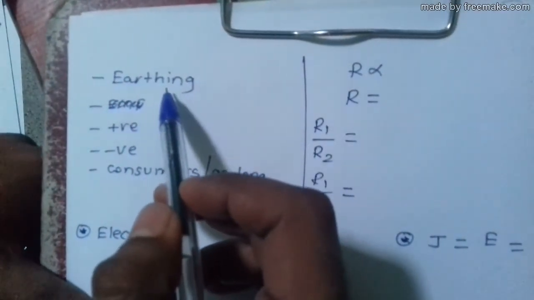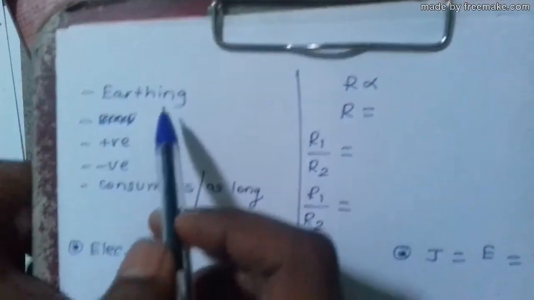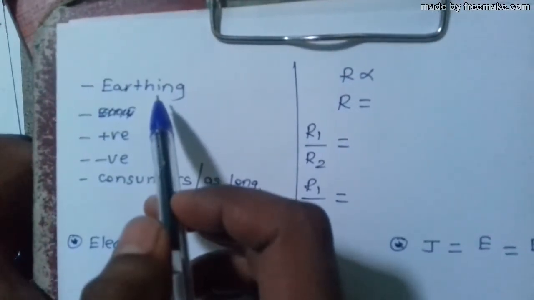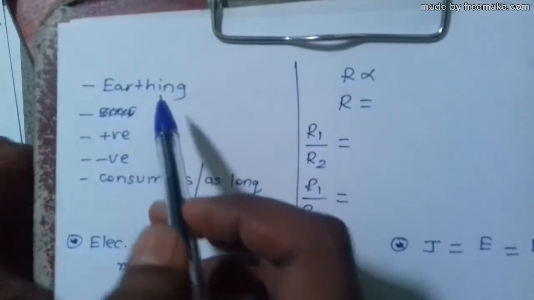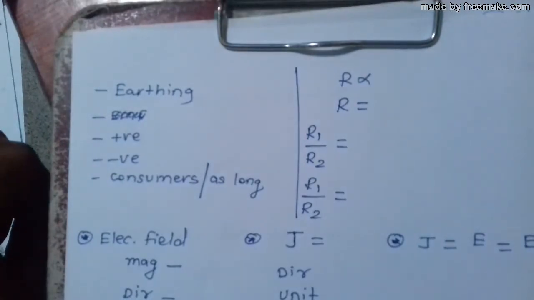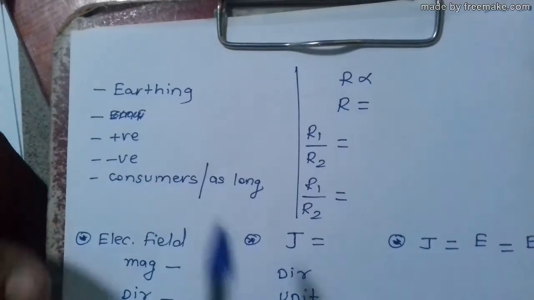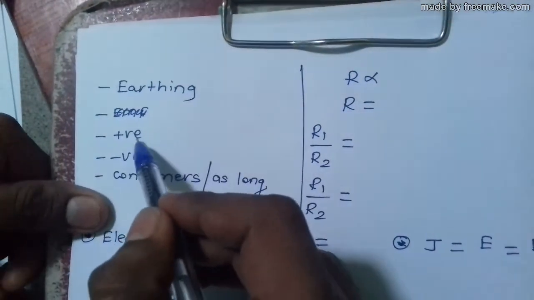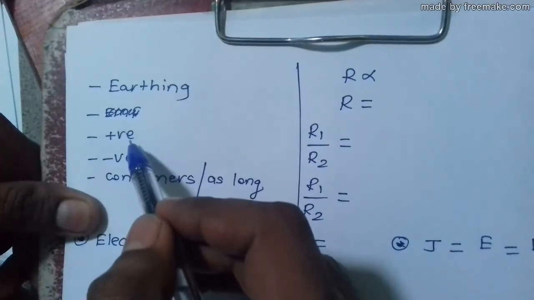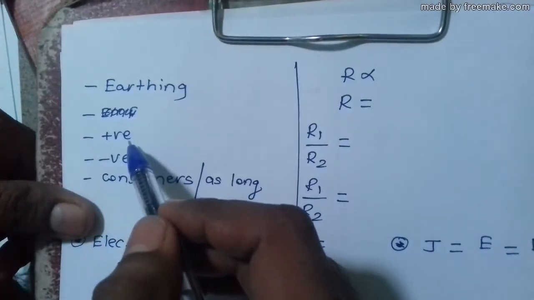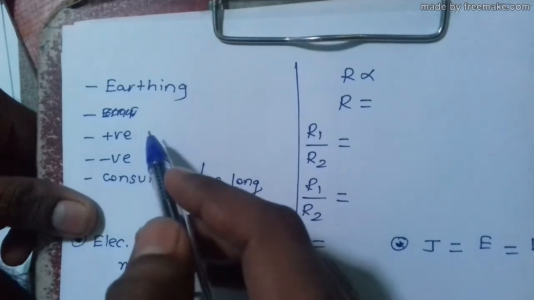Okay. Then if earthing is done, what is the potential of ground? Potential of ground is 0. Then positive terminal means what? Plus value or higher value? Positive terminal means higher value.